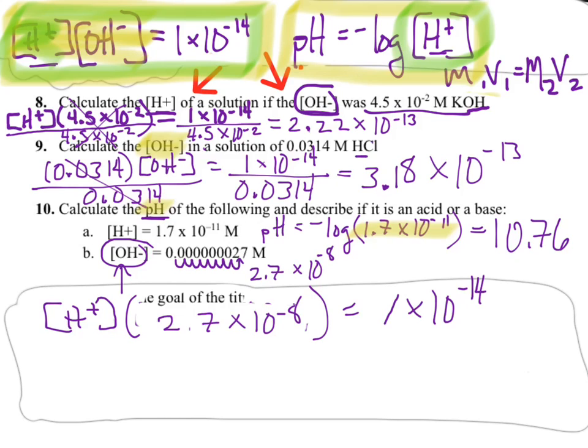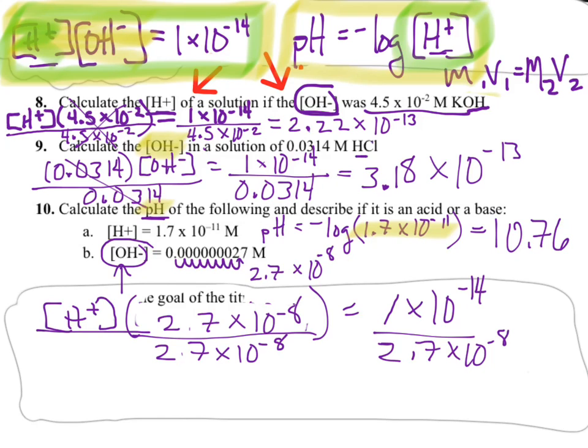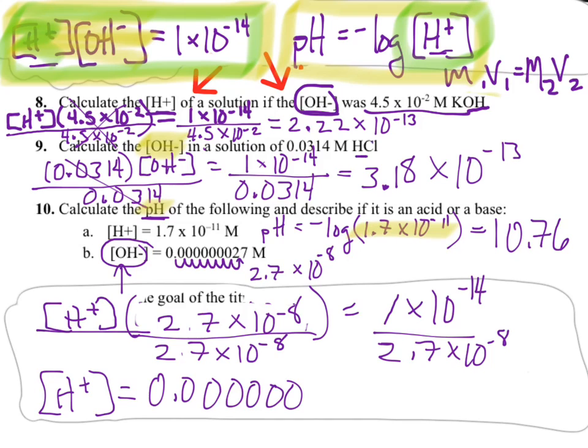Now I can punch this into my calculator, okay, which means to solve for protons, I'm going to need to divide by 2.7 times 10 to the negative 8 on the left, and I'm going to do the same thing on the right, 2.7 times 10 to the negative 8, okay, which means that my hydrogen ion concentration is going to equal 0.00000037, so that's 6 zeros, 37. If you have your calculator in scientific mode, it's going to equal 3.7 times 10 to the negative 7.